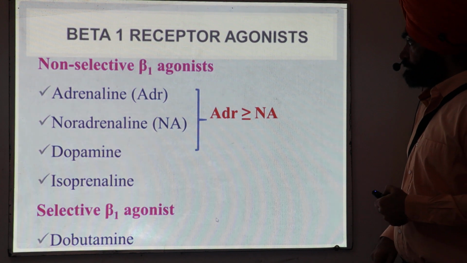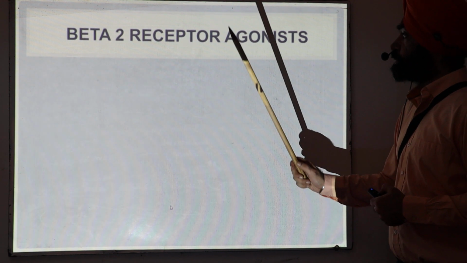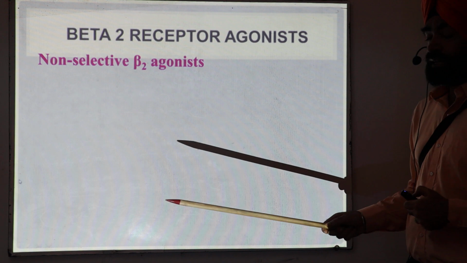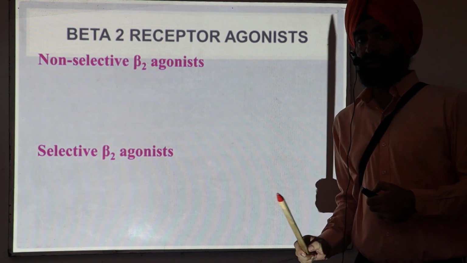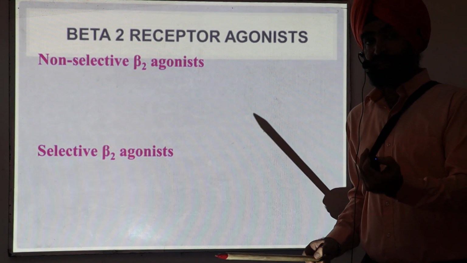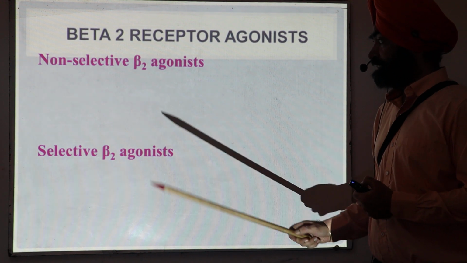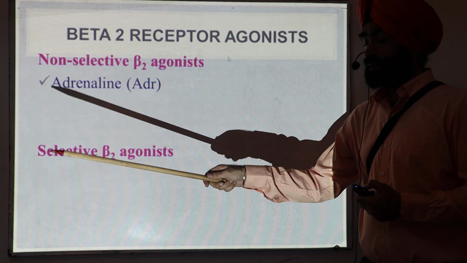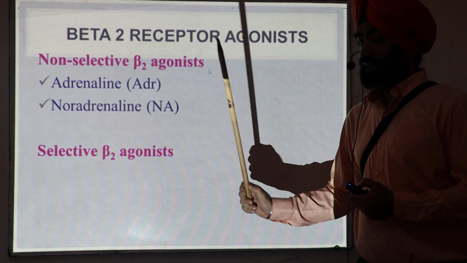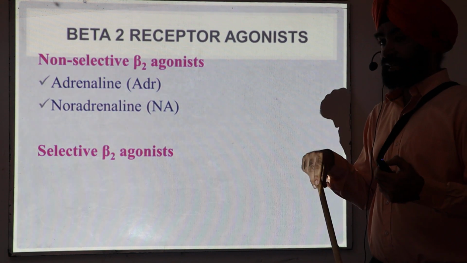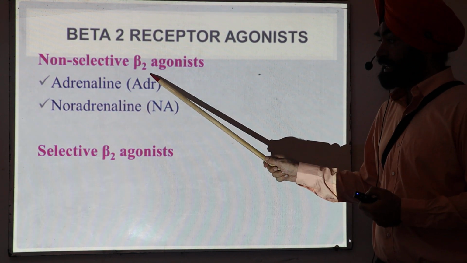Now coming to the beta 2 receptor agonists. Similarly, we will discuss the non-selective beta 2 agonists, which can activate beta 2 as well as others, then selective beta 2 agonists. Like the previous one, adrenaline and noradrenaline are non-selective and activate all the beta receptors, but there is an important difference.